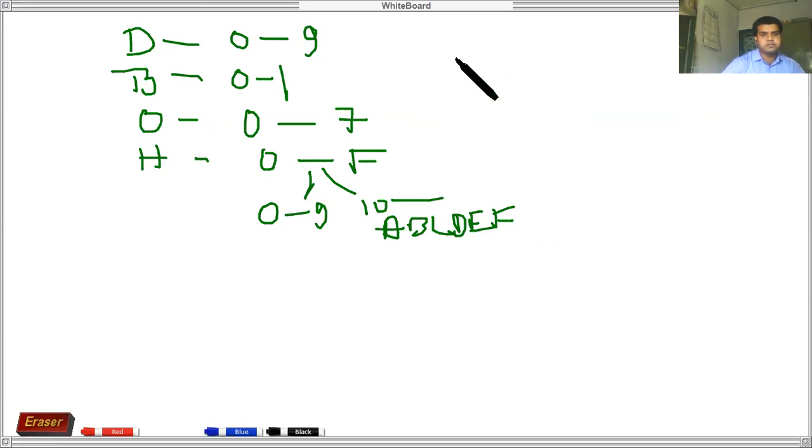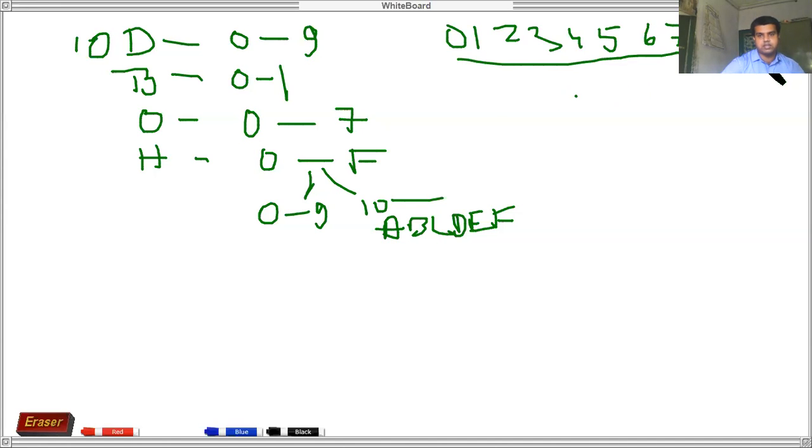Okay. The base number of the decimal number system is 10. That is why 0 to 9 is equal to 10. If you see 0, 1, 2, 3, 4, 5, 6, 7, 8, and 9, the total number, if you count, is 10.